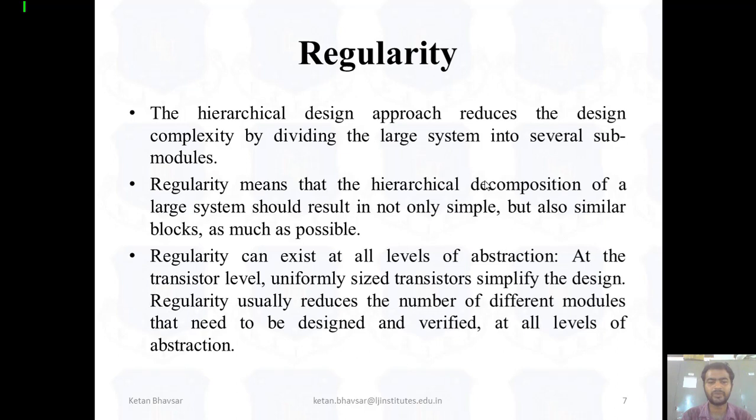Now we understand with one concept. Regularity can exist at all levels of abstraction. At the transistor level, uniformly sized transistors simplify the design. Regularity usually reduces the number of different modules that need to be designed and verified at all levels of abstraction.